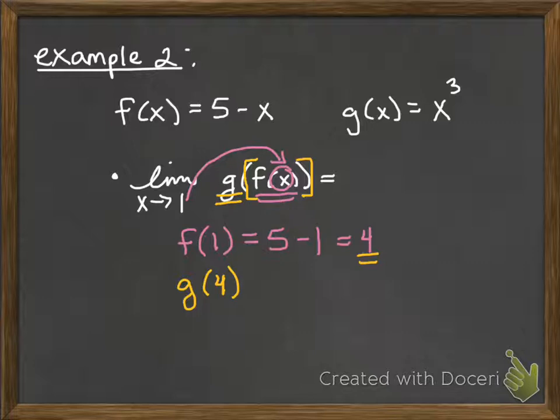So that 4 used to be the f of x. Now to find g of 4, I find my g function, which is x cubed, and instead of writing an x, I'm going to plug in a 4. And I'm sure we all know what 4 cubed is by heart, which is 64. And that's what your answer is.